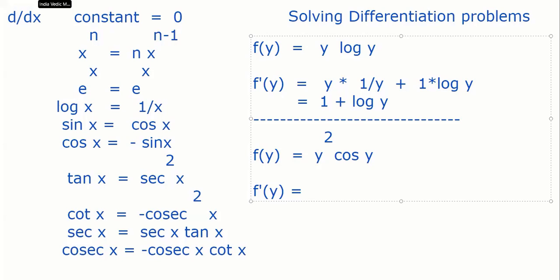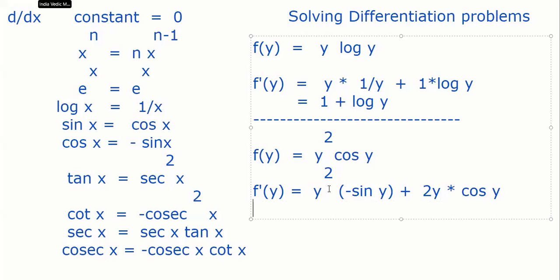Yes, sir. It would be y square into cos y. So u v dash, u we must put as it is, and differentiation of cos y is minus sin y. So this becomes minus sin y. Plus, differentiation of y square is 2y times cos y. Correct? Good.